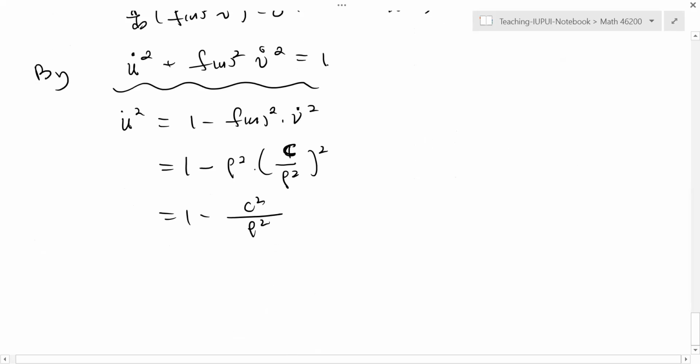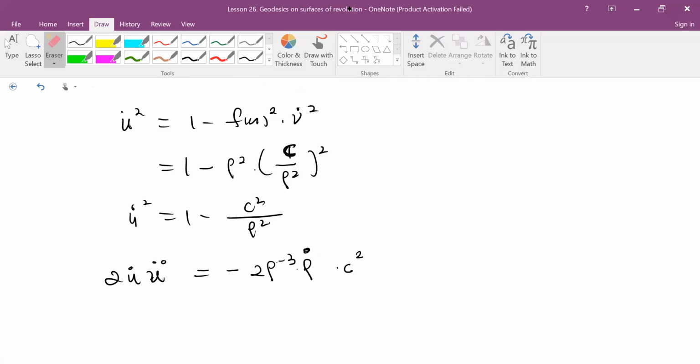That's good. Then I differentiate, and I got negative 2, rho to the negative 3, and the constant square. Okay, now what?